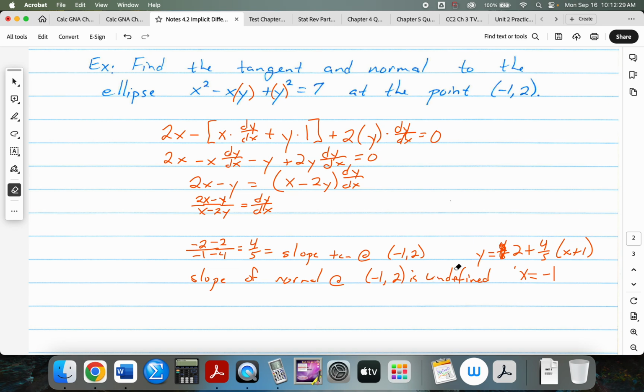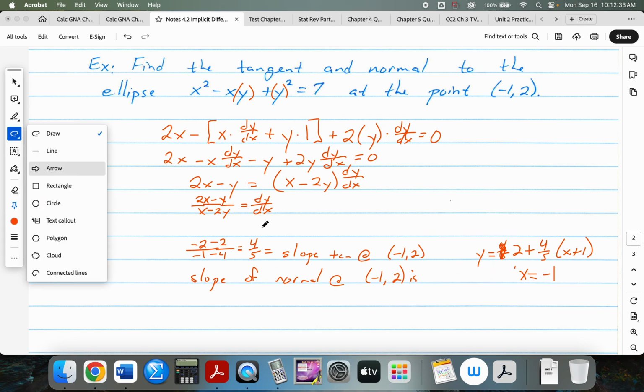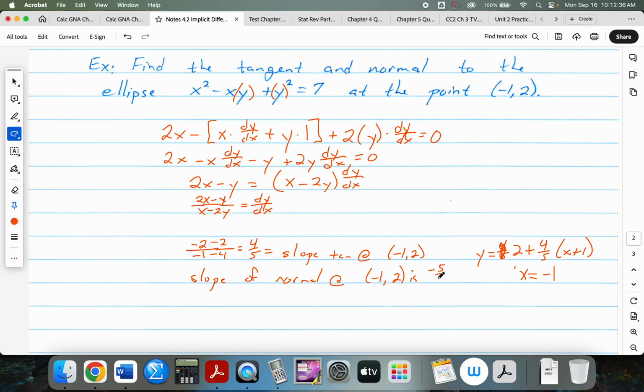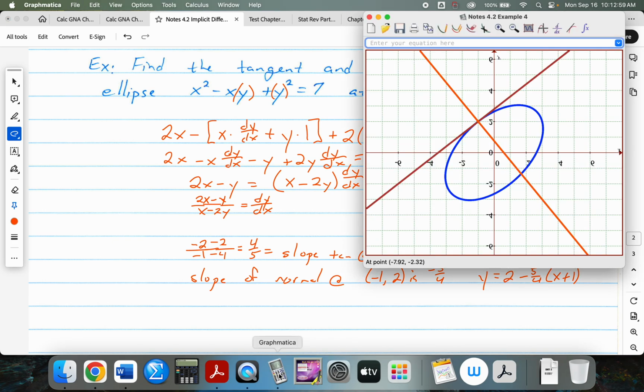And the slope of the normal then will be -5/4. So our equation will be y is equal to 2 minus 5/4 times x plus 1. Yeah, that looks better.